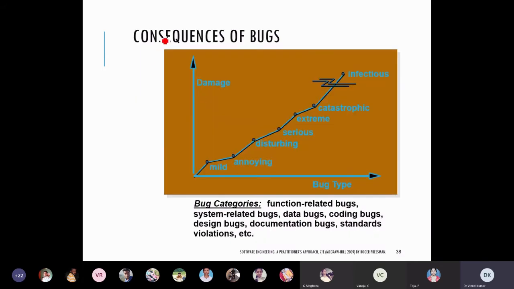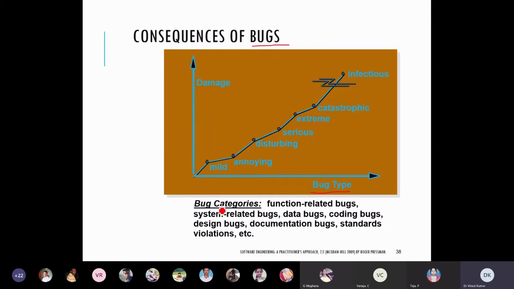Next, you see here the consequences of bugs. Whatever bug or defect is in the software, what effect will it have on your software? We have tried to understand this by drawing it on x and y axes. On the x-axis you can see the bug type.